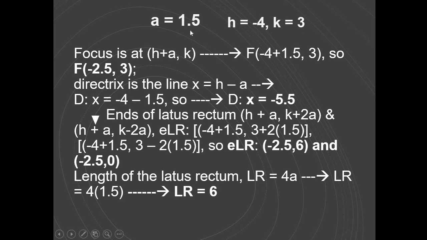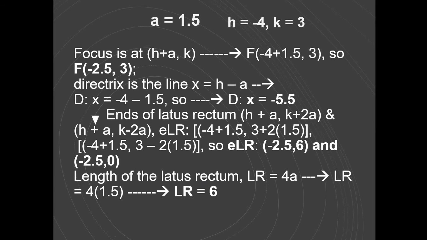And 3 minus 3 is 0. So the endpoints of the latus rectum are the coordinates (negative 2.5, 6) and (negative 2.5, 0). And of course, the easiest part to solve is the length of the latus rectum, which by the formula is 4a. So you just multiply 4 by 1.5. So the answer is 6.